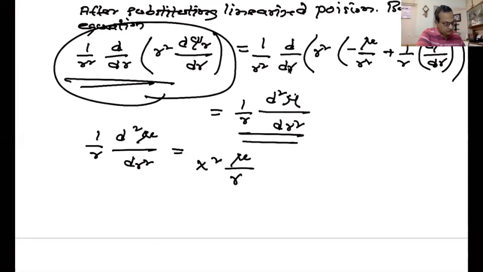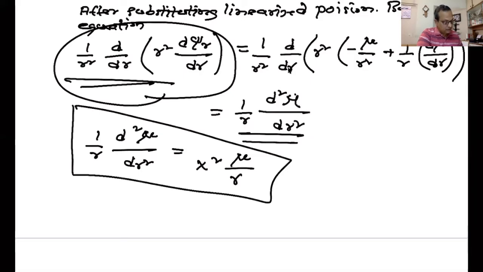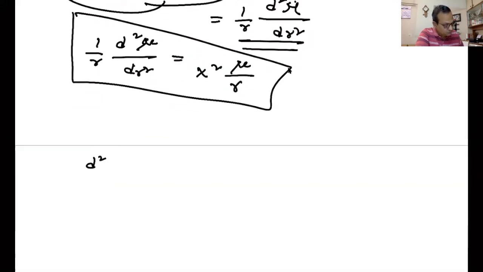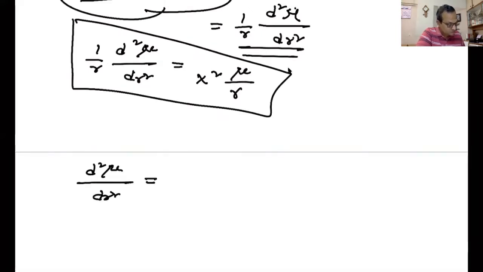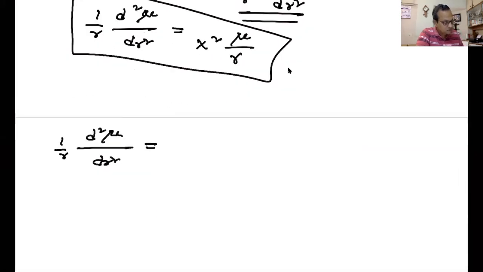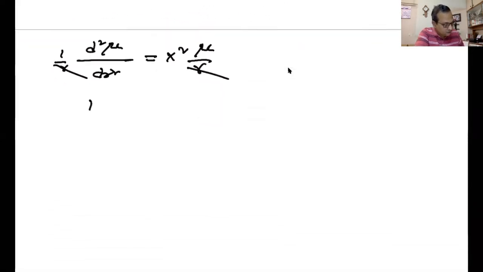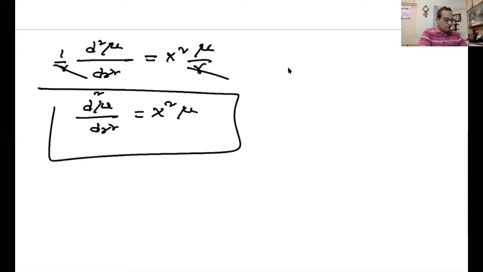So r and r will cancel, and what I get is d2 mu by dr square is equal to chi square mu. Okay, eventually it takes this form after all this jugglery.